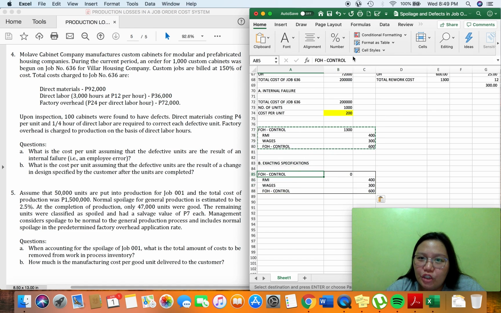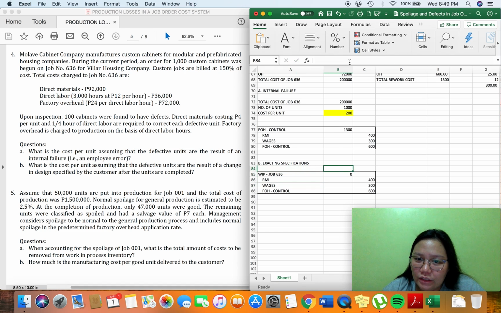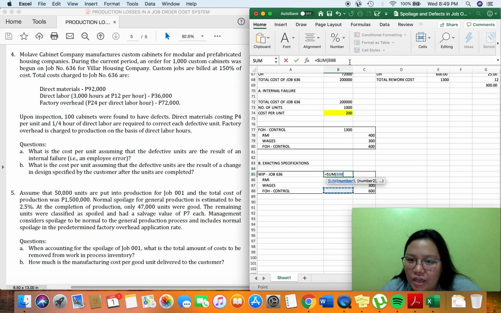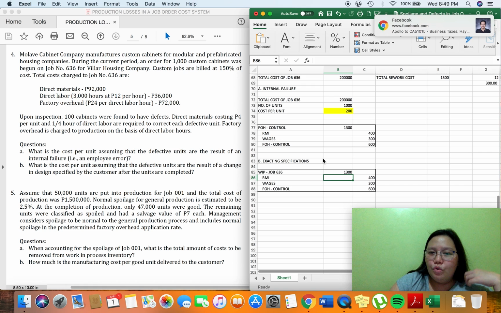So, instead of charging the factory overhead control account, we will debit work in process job 636 instead. Okay? So, we will add the total rework cost of 1,300 to the cost of job 636. Okay? So, basically same naman, di ba?